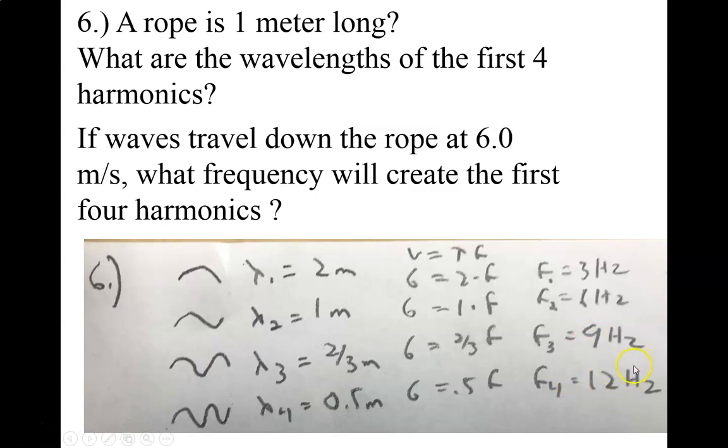What I want you to notice is that each of these subsequent frequencies is just a multiple of the first, or fundamental, frequency. So if you know your fundamental frequency, the second is just twice that, the third harmonic is going to be 3 times that, and the fourth harmonic is just going to be 4 times that.